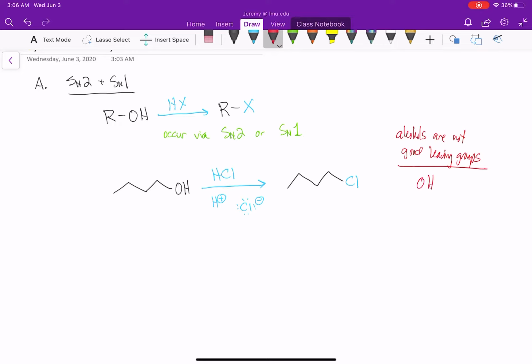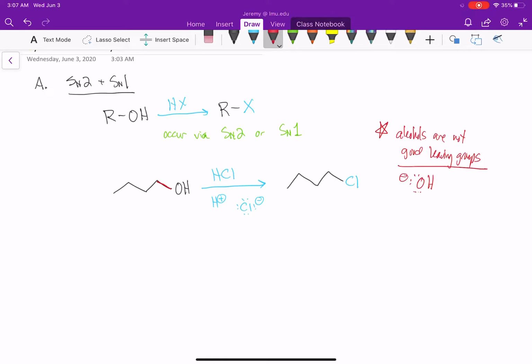We know we can have NaOH, that gives us our OH minus, which acts as a good base and a good nucleophile. But this carbon-oxygen bond is quite strong, so strong that a chloride anion is not strong enough to displace it. So we have to remember in this reaction that alcohols are not good leaving groups.